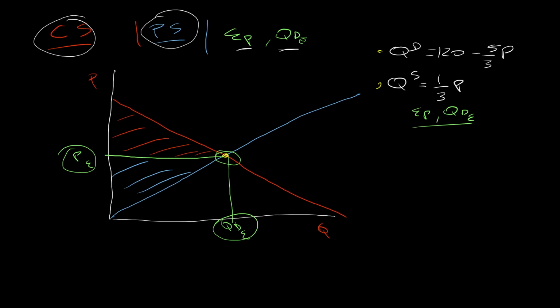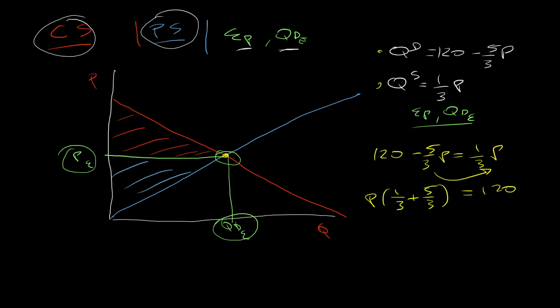So let's do that. On one hand, we have 120 minus 5/3 P equals 1/3 P. Let me rearrange the expression. So you have P times 1/3 plus 5/3, and the other one stays the same.